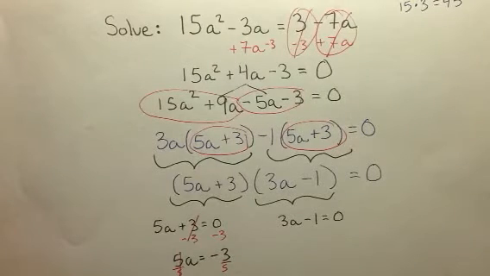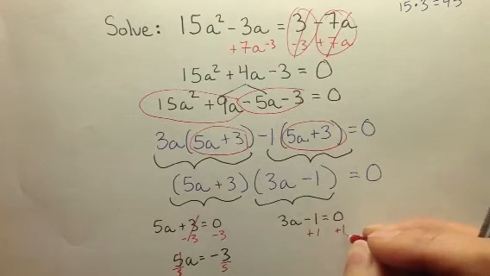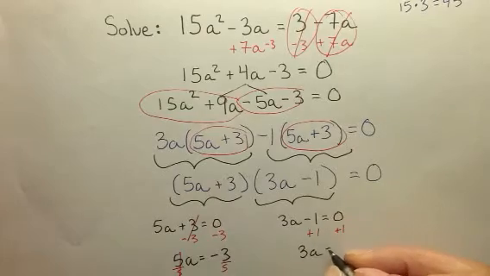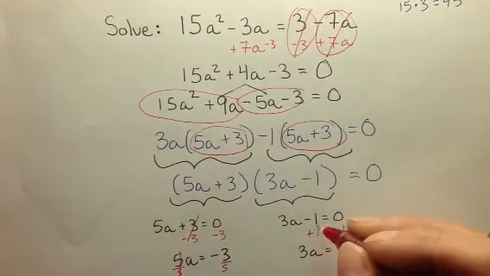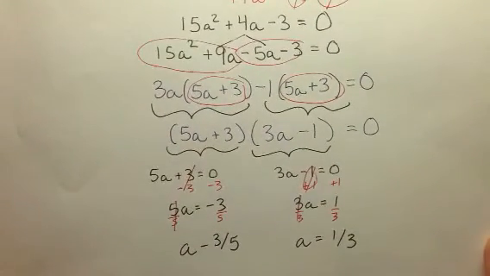Okay, and then on this one here, I'm going to add 1. I'm going to use my addition property of equality. Gives me 3a equals 1. This made 0. And then I'm going to use my division property of equality. And this is going to cancel out 1a as a equals, I'm going to leave that as a fraction as well. Okay, so there are my solutions.